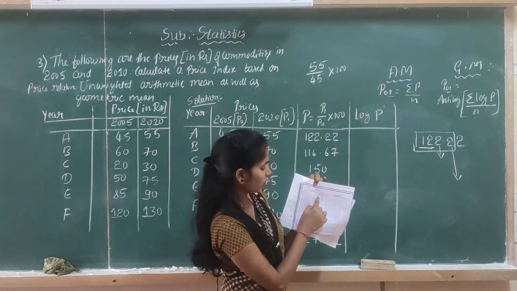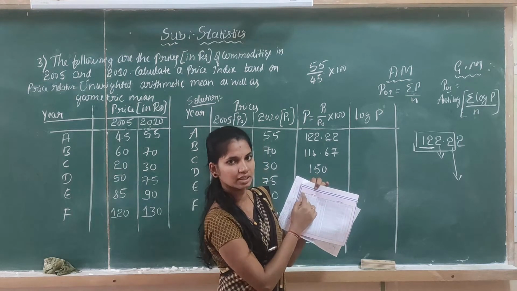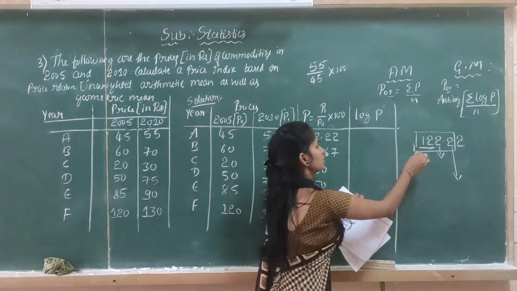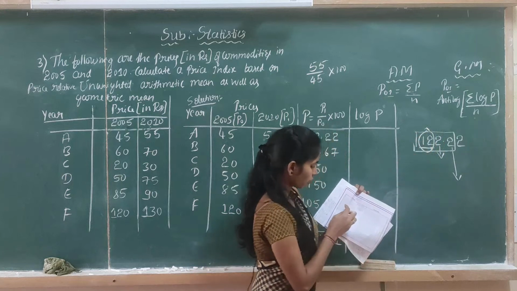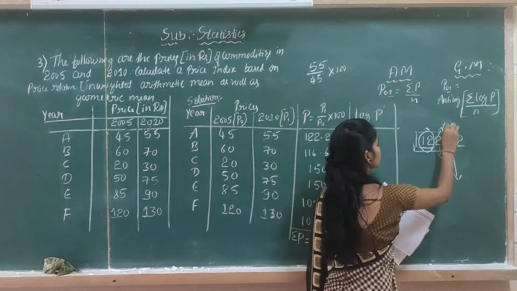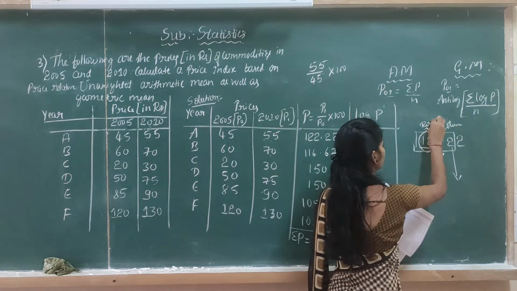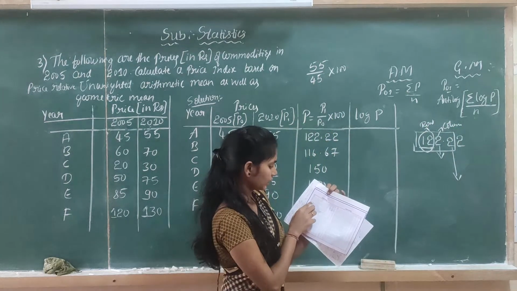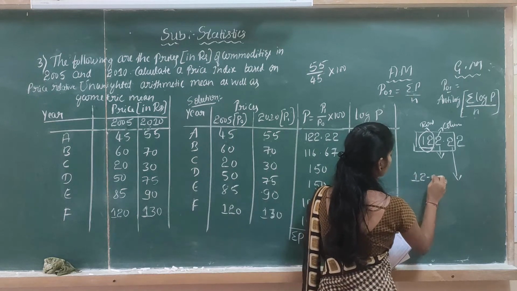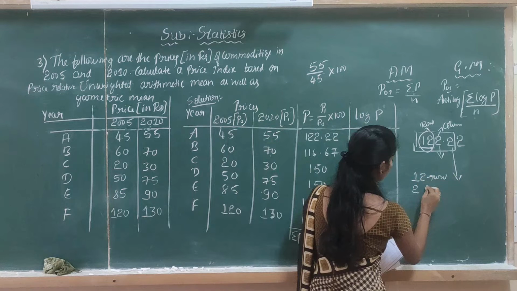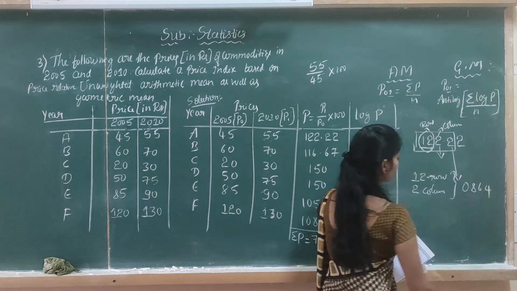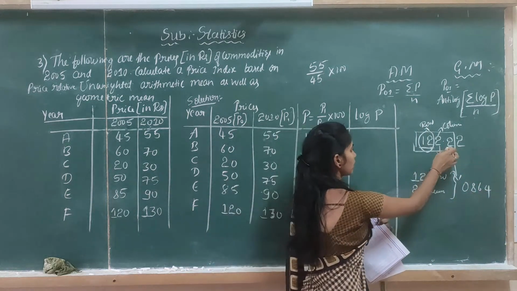The columns start from 0, 1, 2, 3 and the rows start from 10, 11, 12, 13 like that. This is the 12th row. In the same line, you take the second column. This is the row and this is the column. So the value is 0864. For the 12th row, second column, 0864, and the remaining fourth digit is 2.